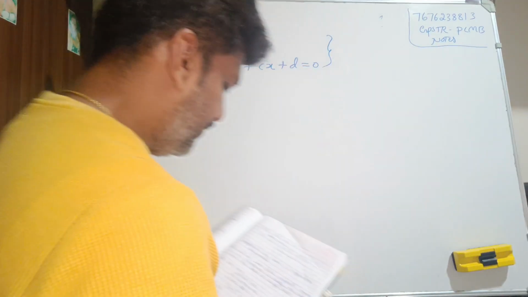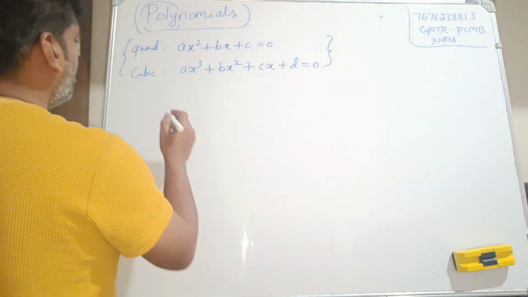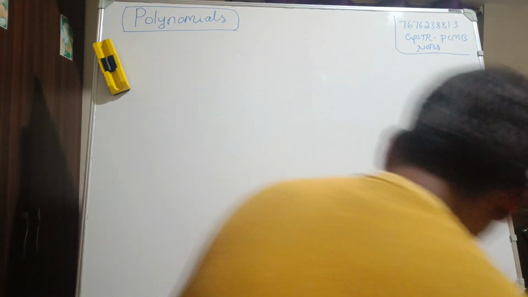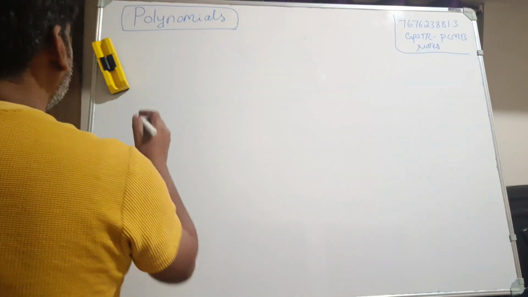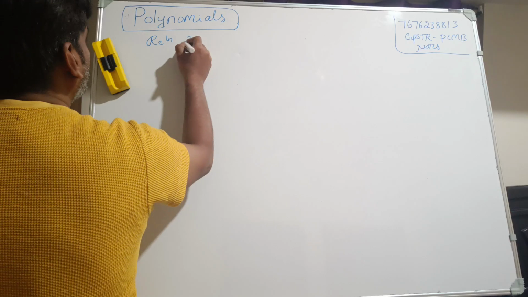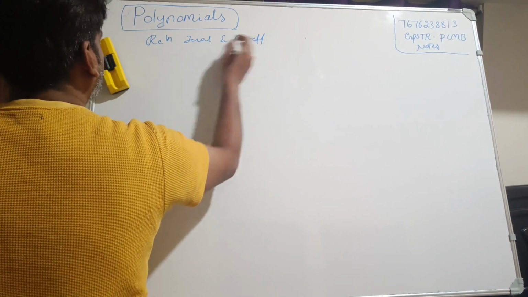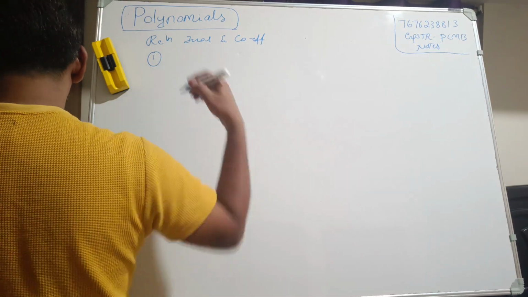We will solve the problem, so that you will understand. The problem is about the relationship between zeros and coefficients of a polynomial. What is the problem?